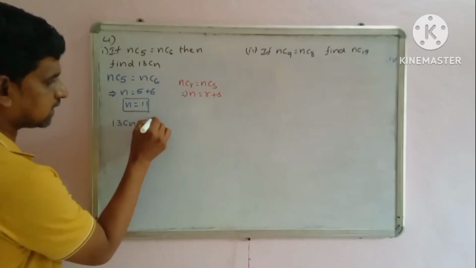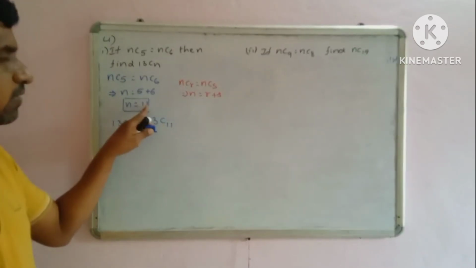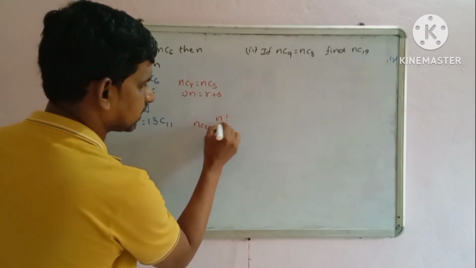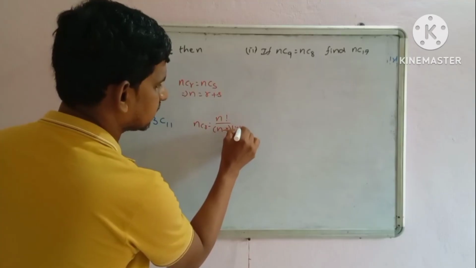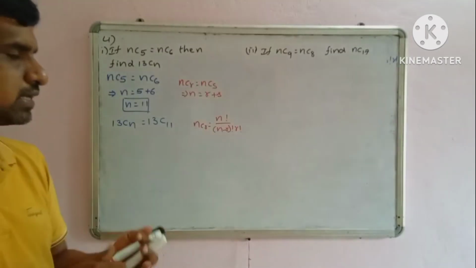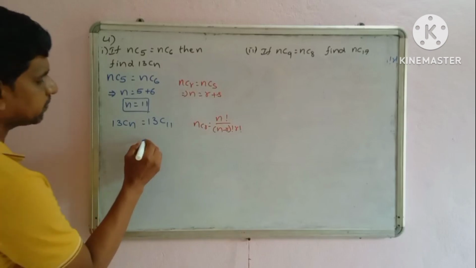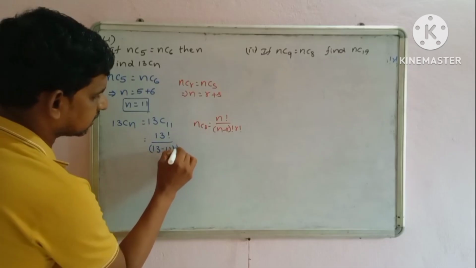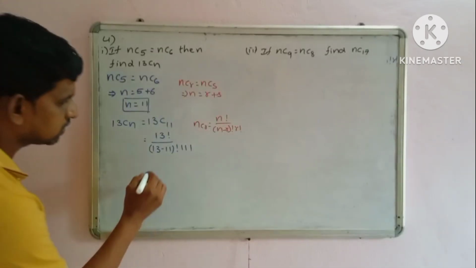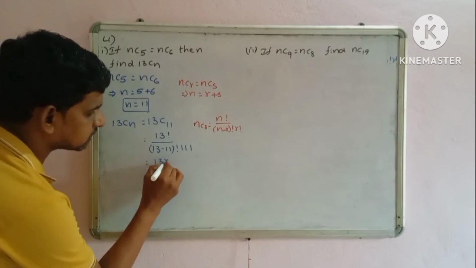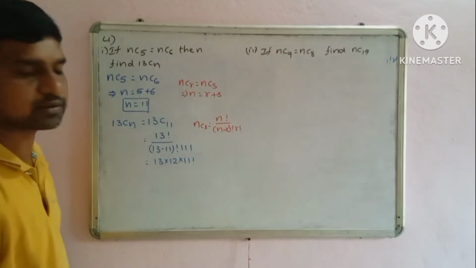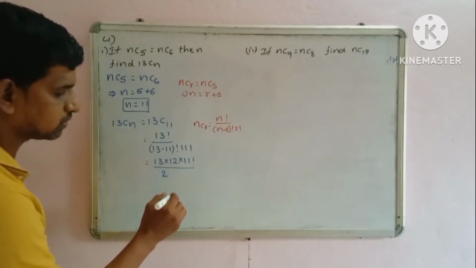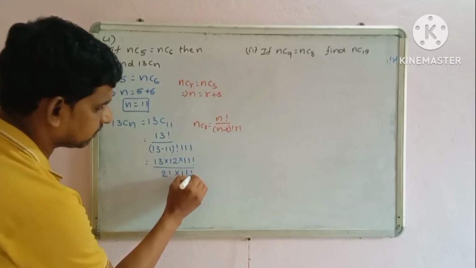13Cn equals 13C11, since the n value is 11. What is the NCr formula? NCr equals n factorial by n minus r factorial into r factorial. So 13C11 is in the form of NCr. 13 factorial can be written as 13 times 12 times 11 factorial, by 13 minus 11, which is 2 factorial, into 11 factorial.